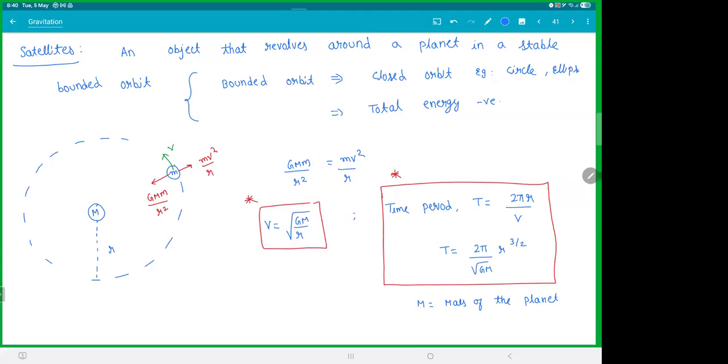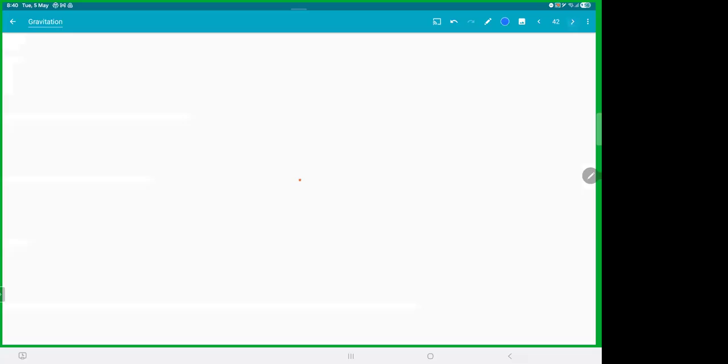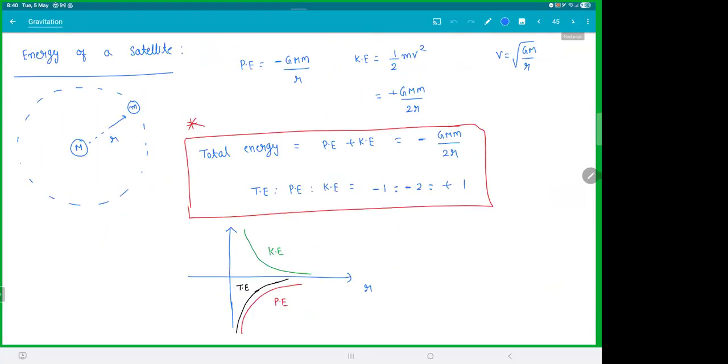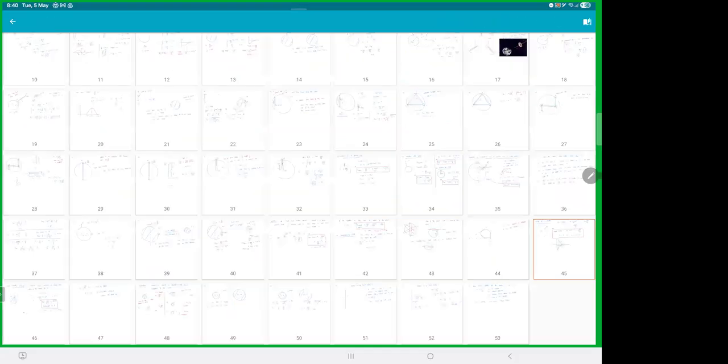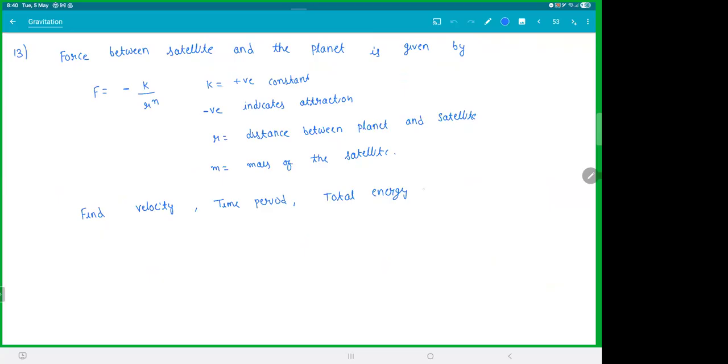How did we find the velocity? We said the centripetal force must be equal to the attraction force, and I got velocity. How did I get time? 2 pi r by v. How did I get the energy? I said kinetic energy plus potential energy is total energy. So everything I did last time for r square, now I want to do it for power n. Find total energy and the value of n for a stable orbit.